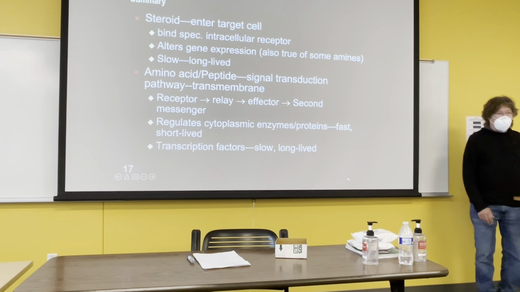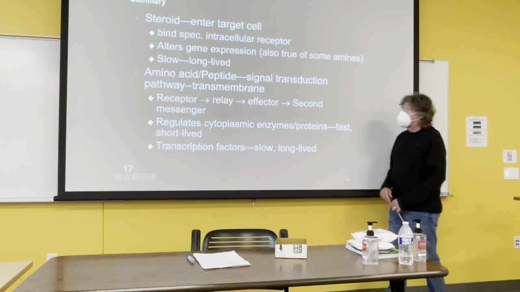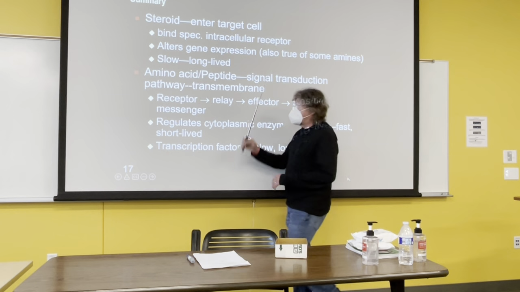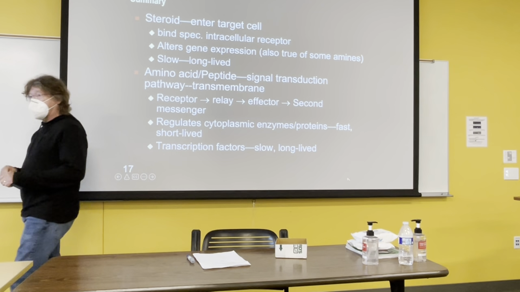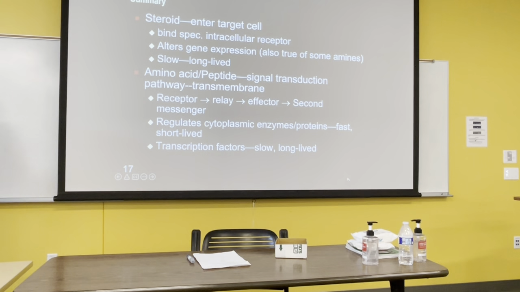This is just a summary of everything. Okay, so the steroid types of hormones have receptors inside the cell. They bind to their receptor, and together with their receptor, they are transcription factors.